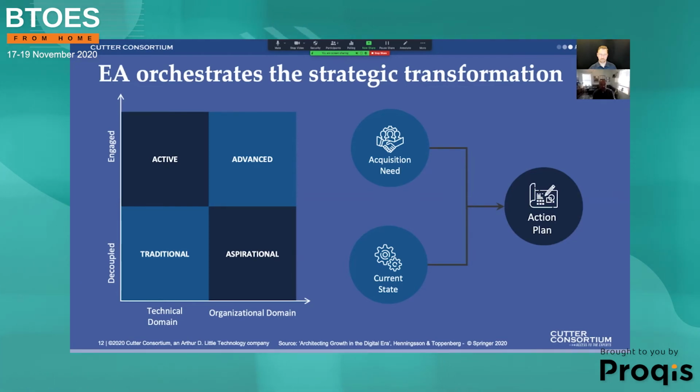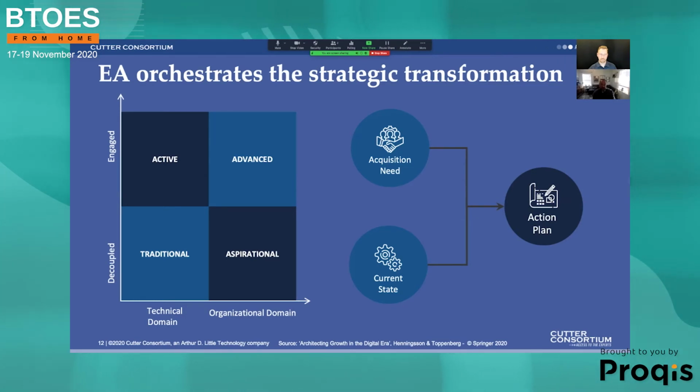And by organizational domain, we mean, again, the business models, the operating models, sort of the front end of the business as well. And then on the y-axis, we talk about decoupled or truly engaged.